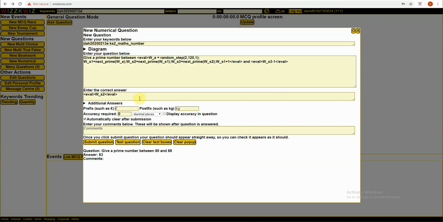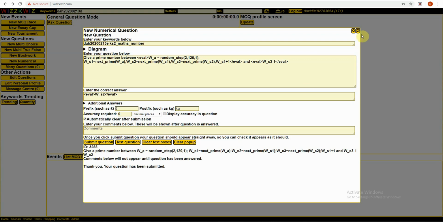Okay. So you can see, using this next prime function three times, I can generate a question where the two bounds are one above the previous prime number and one below the next prime number, and therefore I've only got one prime number between the two. Okay. So let's submit that.